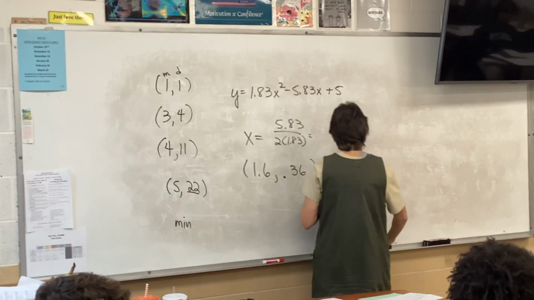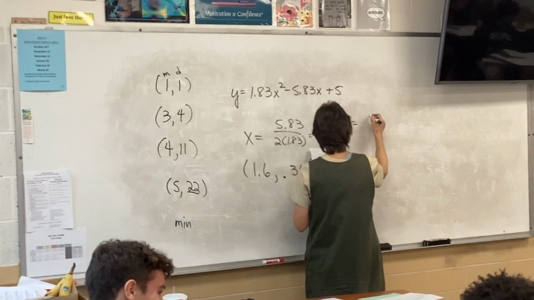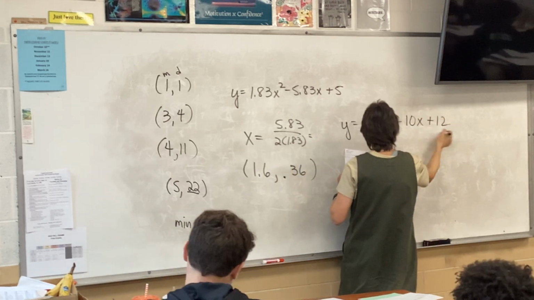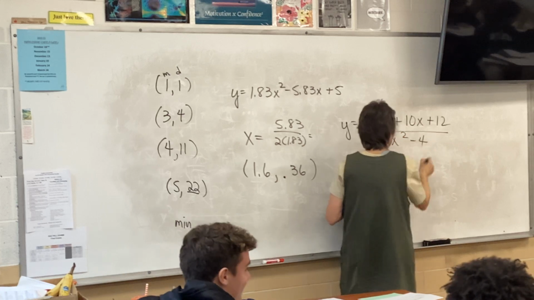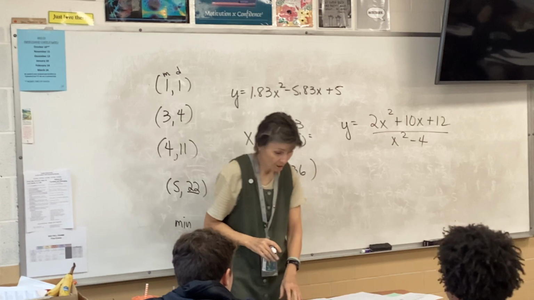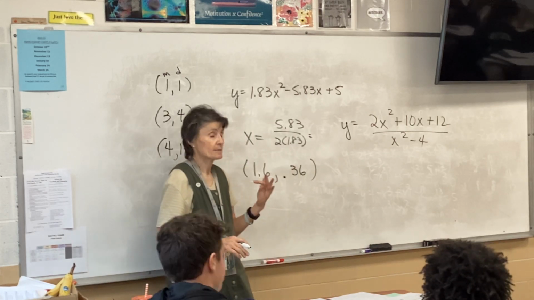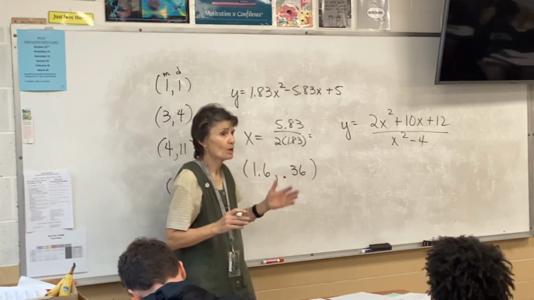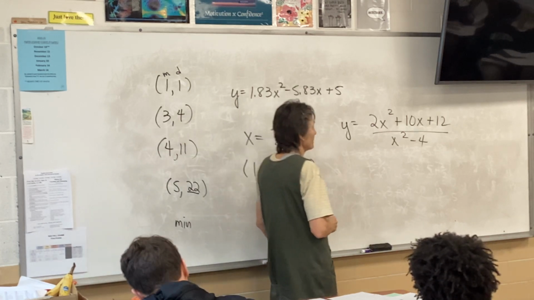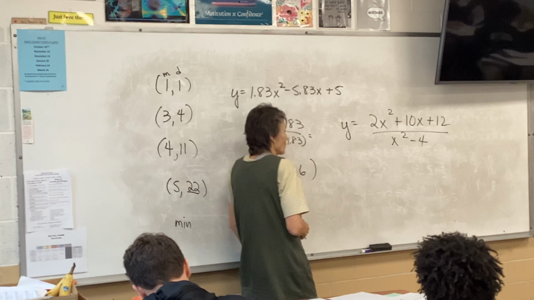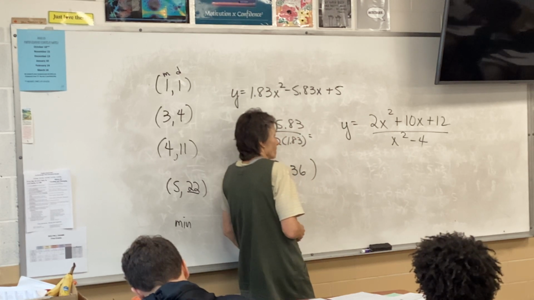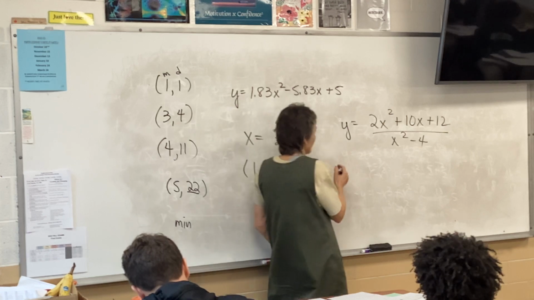So there's lots of questions that could come out of something like this. A question that I know is on the review sheet is where are the asymptotes? So if we were going to be graphing this, that would probably be our first thing anyway, is figure out where the asymptotes are. So what would we do? Factor everything.